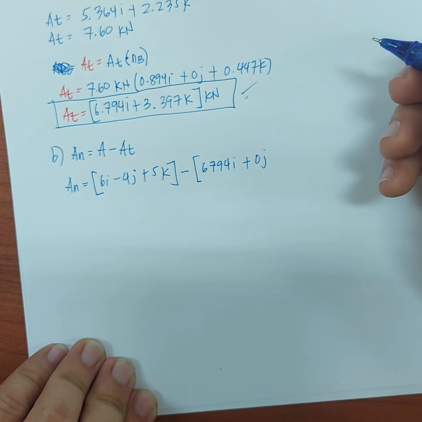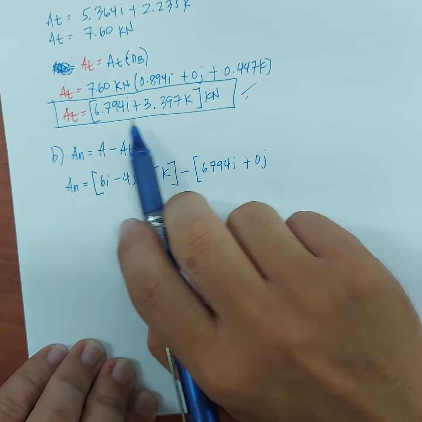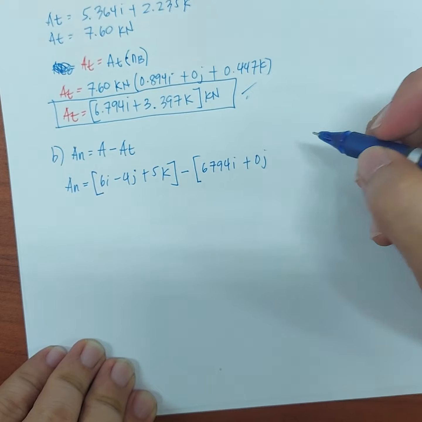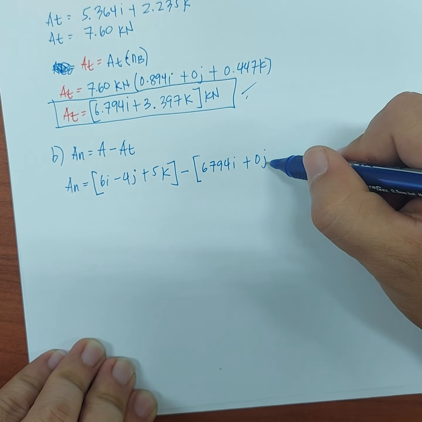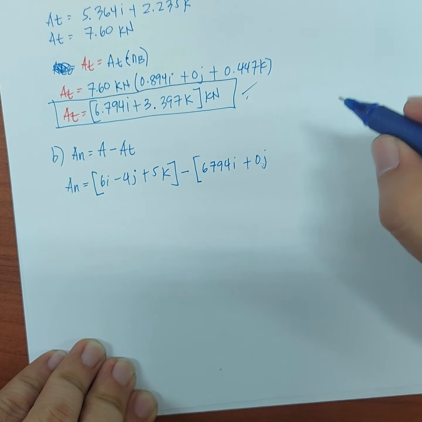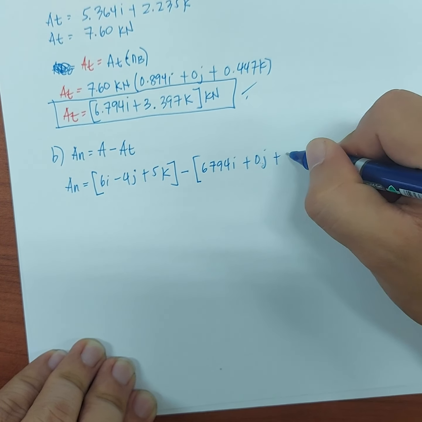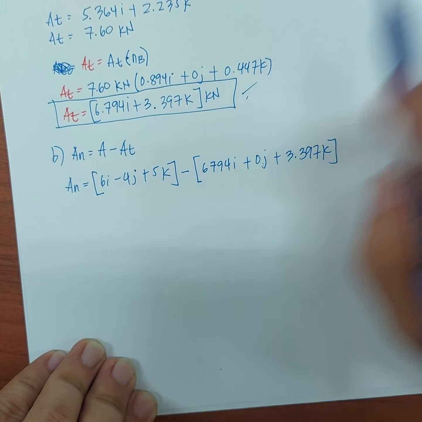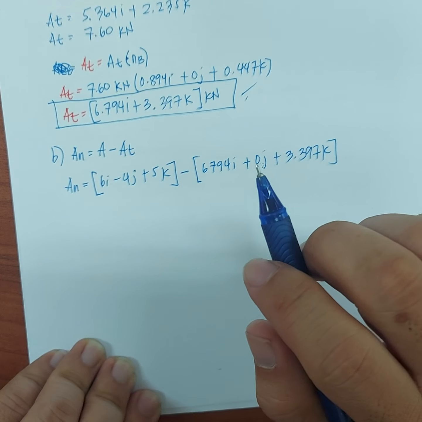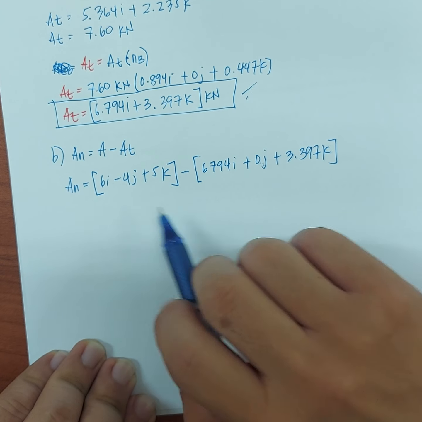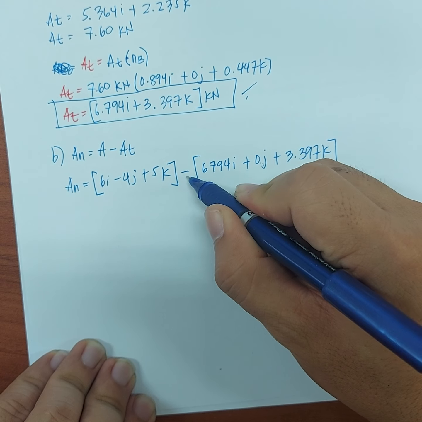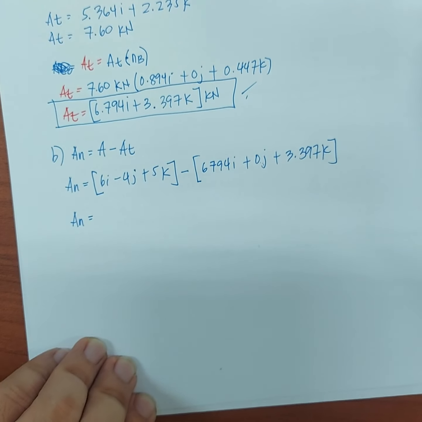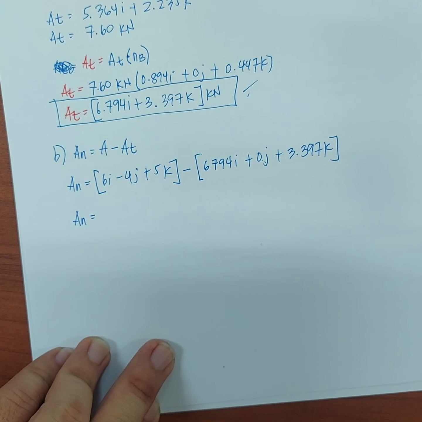Let's put the 0 so you won't be confused, since some of you get confused. Although there is really no value, there is no y component, plus 3.397k. Okay? So this is our AN. So let's combine the like terms. Take note, this is subtractive, it is not a dot product. We subtract, so we combine the like terms.